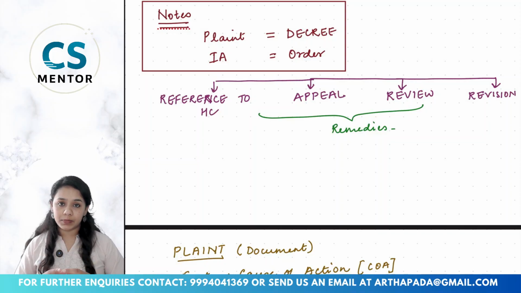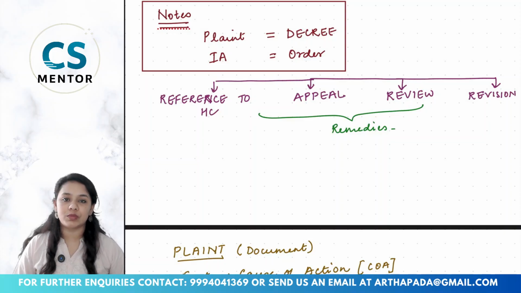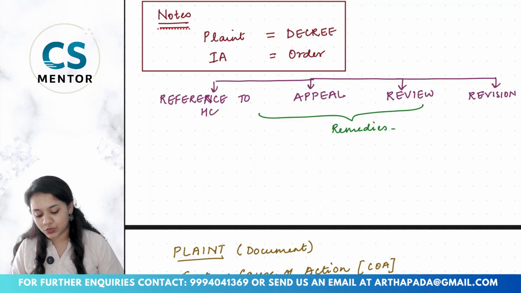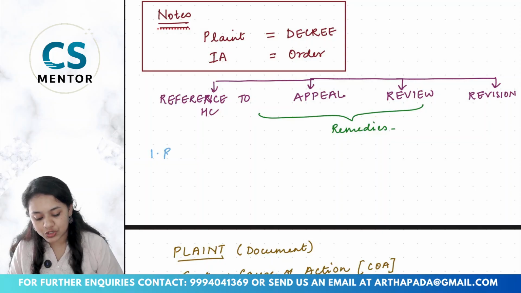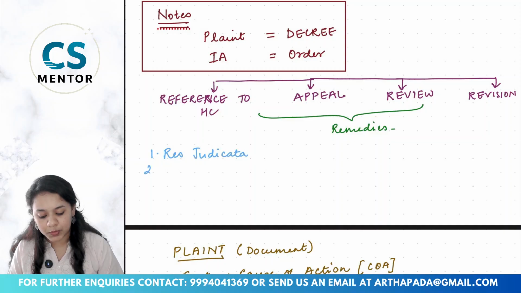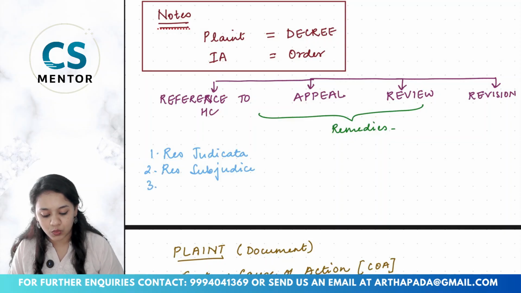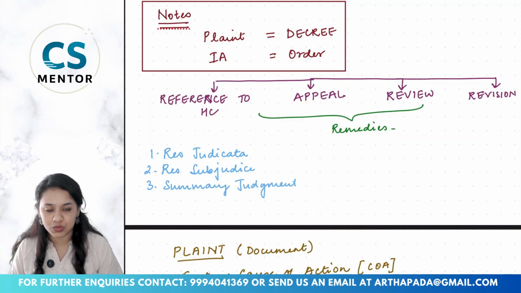So, with appeal, does it come to an end? No, there are some ancillary topics that we will also be discussing under CPC, such as we look at certain types of concepts. That is, we'll see topics like one, res judicata. We will be looking at res sub judice. Then we will be seeing what is summary judgments, summary judgments or summary suits.